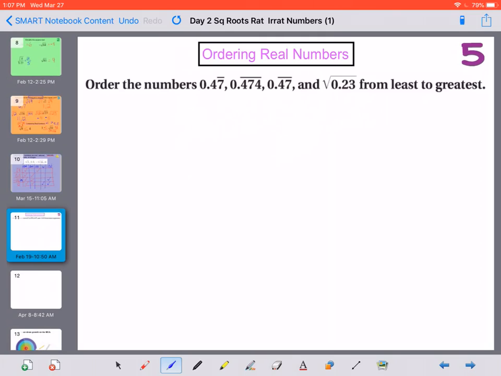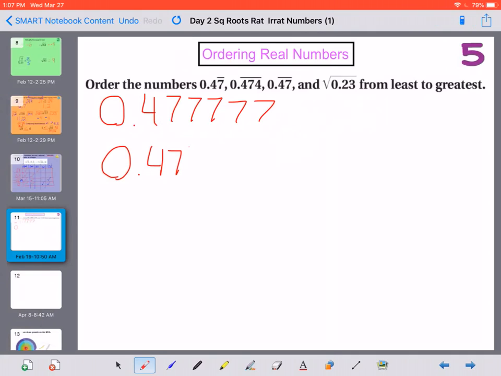Alright, now we need to order these from least to greatest. So what I'm going to do is start by just writing them out a little bit longer than what we have. So we have 0.47 repeating, which would be 0.47777, and on and on forever. Then we have 0.474 repeating, which would be 474, 474, 474, on and on forever.